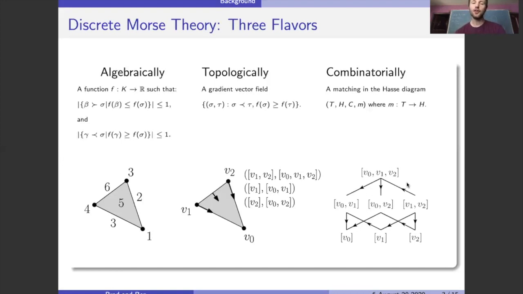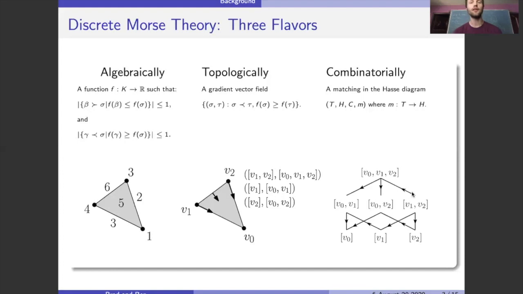And in the literature, it's often interesting and enlightening to switch back and forth between these flavors. Changing perspectives can give you some added insight. So that's pretty cool. And using the Hasse diagram, you can apply graph theory algorithms, and there are lots of algorithms in graph theory, so that can often be useful as well.